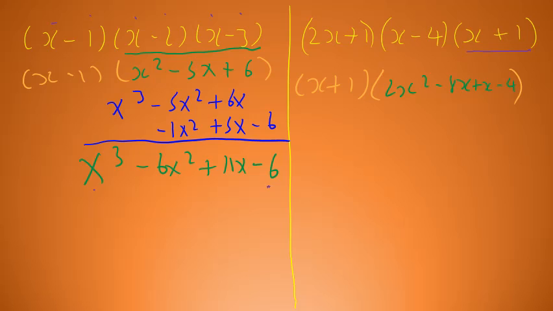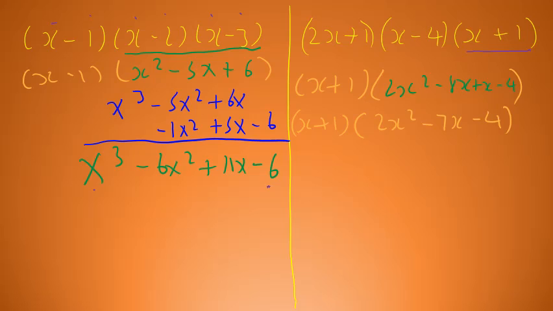So just tidying this up, it's going to be x plus 1, and that's going to be 2x squared minus 7x, and it's going to be minus 4.